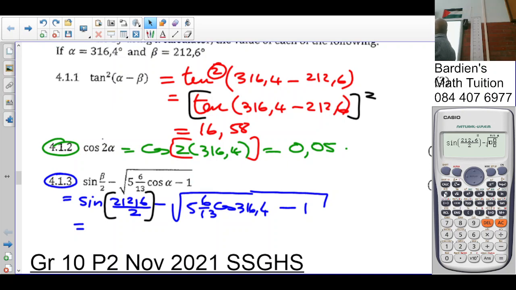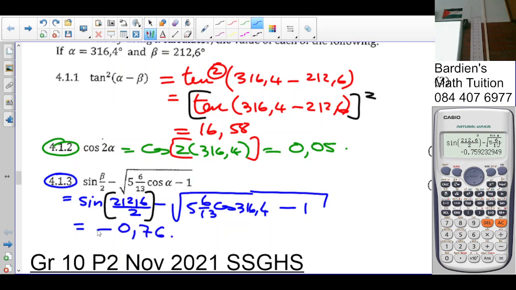You press shift at the fraction button, okay, which is 5 and 6 over 13, cos 316.4, we close the bracket, minus 1. You get negative 0,76. Negative 0,76. Okay.